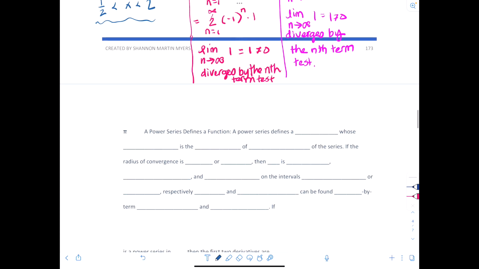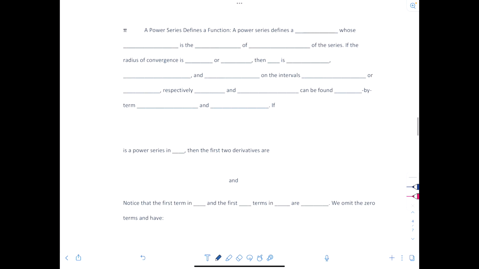Now moving on to the next bit of loveliness. A power series defines a function. So a power series defines a function whose domain is the interval of convergence of the series.